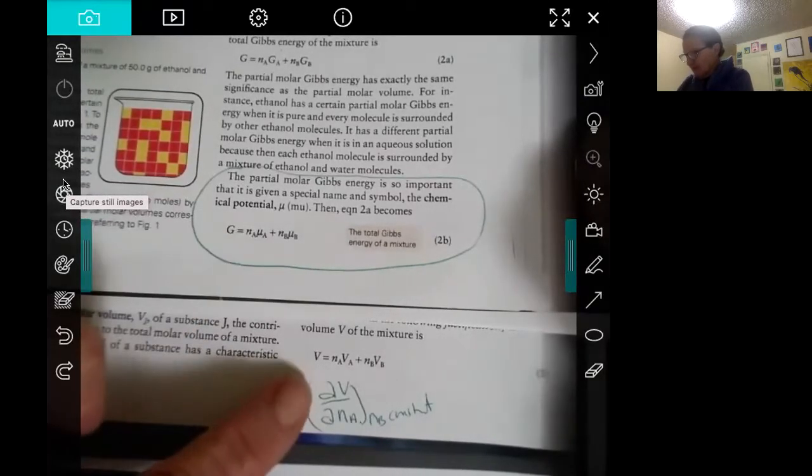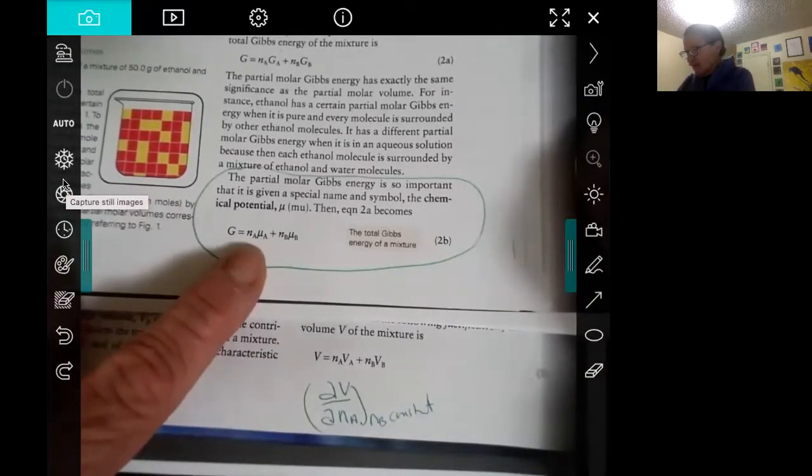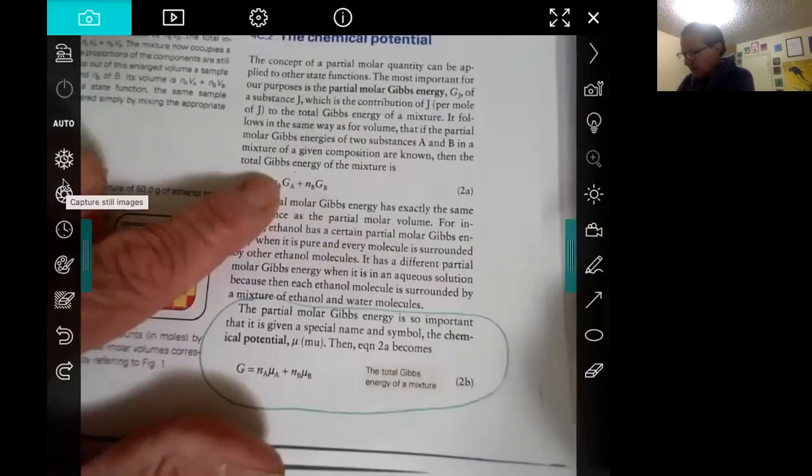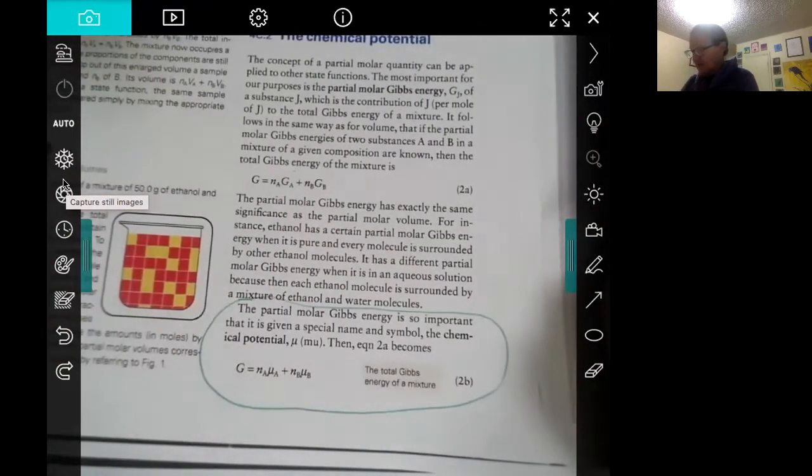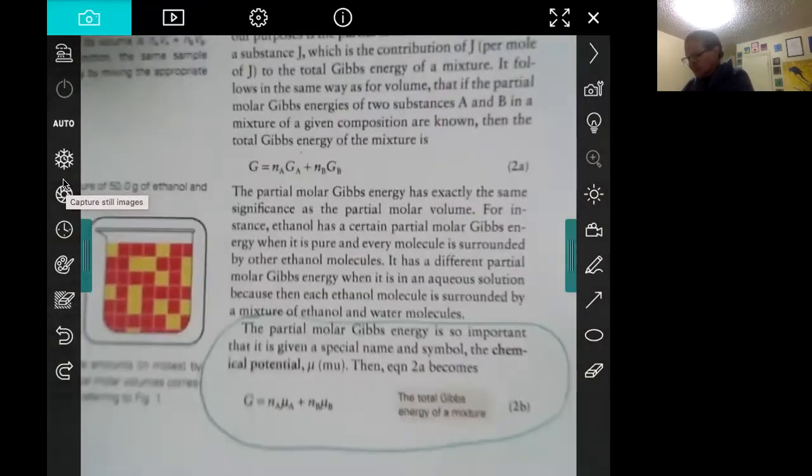So volume is replaced with Gibbs free energy. The chemical potential is, as it shows right up here, by definition, just the molar Gibbs free energy. So that's what we're going to be concerned with in our mixture.